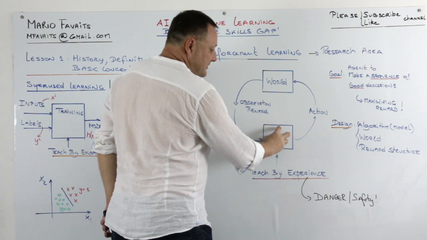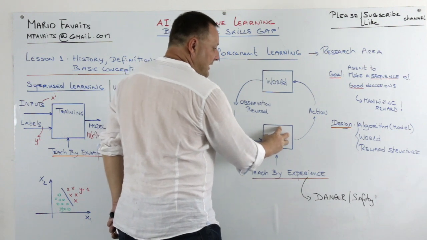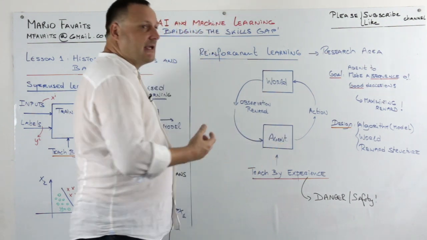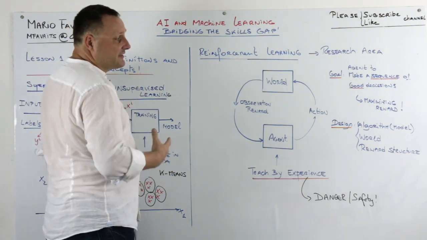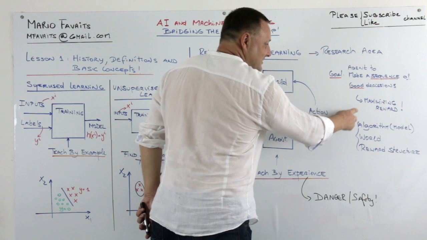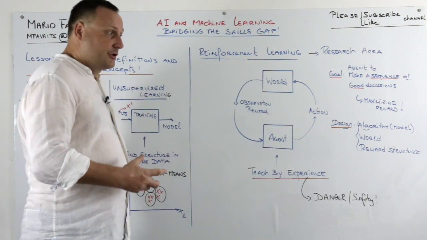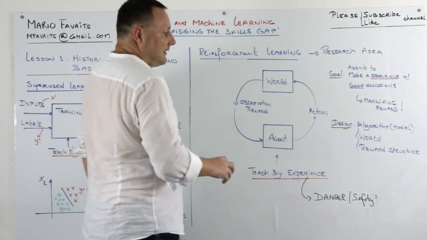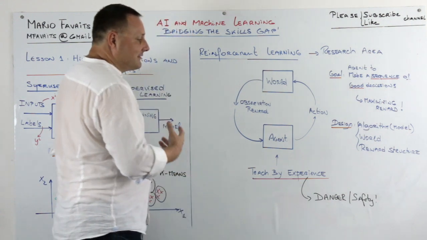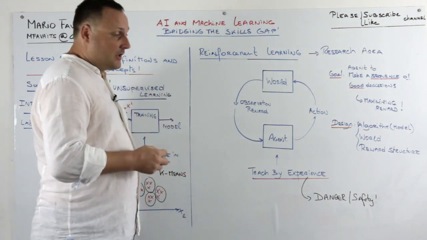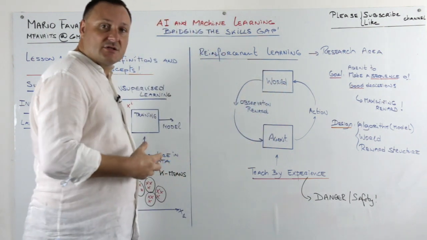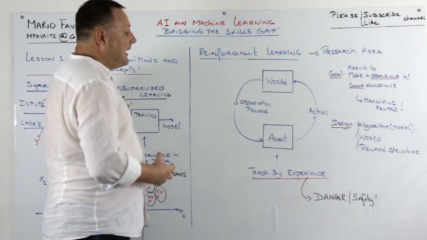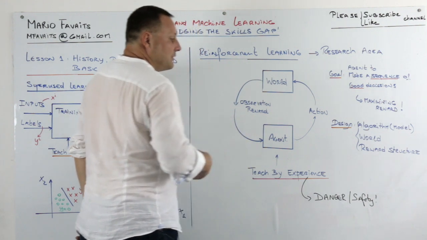So you have an agent. The agent is your machine, and you want the agent to make a sequence of good decisions. What are good decisions? Well, good decisions are decisions that maximize the reward. So in this case, the data scientists need to design not only the algorithm, also needs to design the world in which the agent operates in, and it needs to design a reward structure.